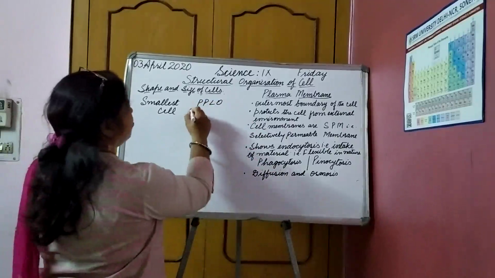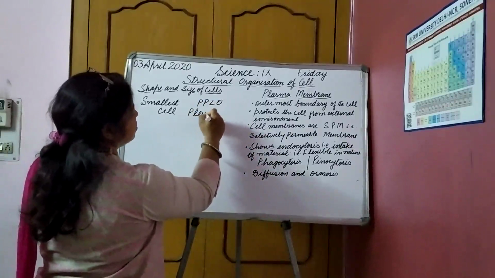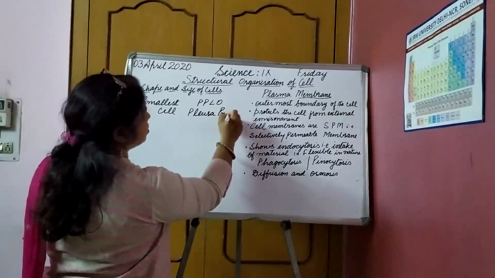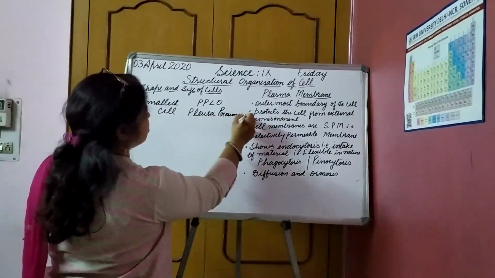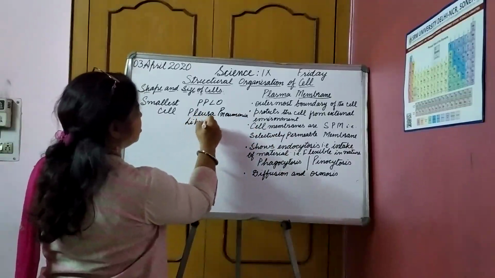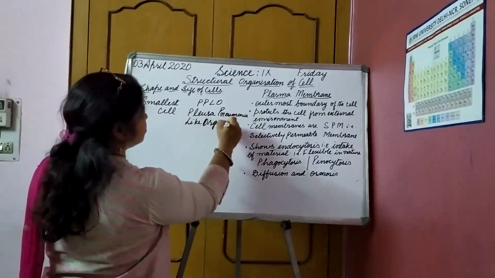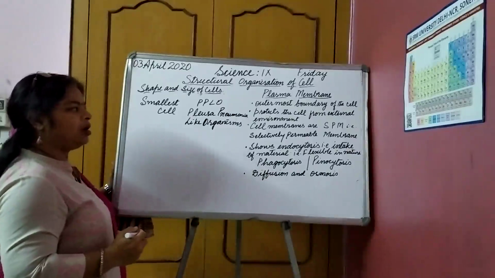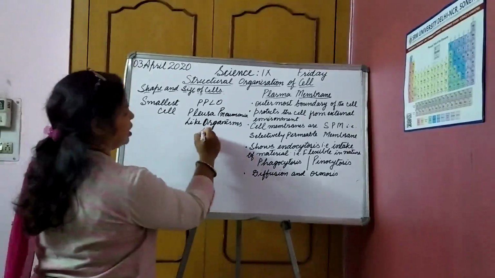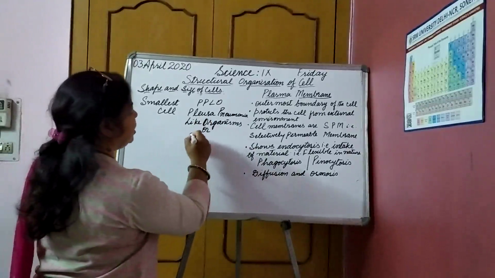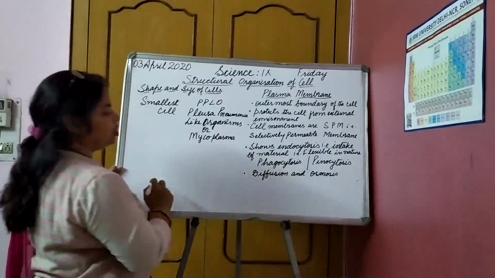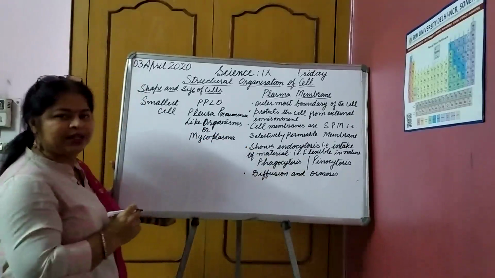PPLO stands for Pleuropneumonia-like organisms, or, if it is hard to remember, you can write Mycoplasma. We call it Mycoplasma. This is the smallest cell.